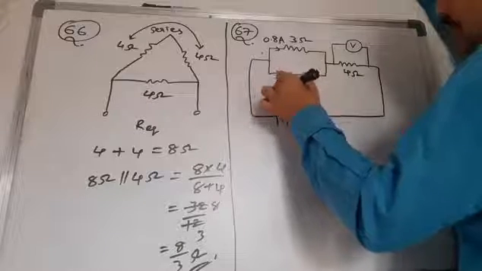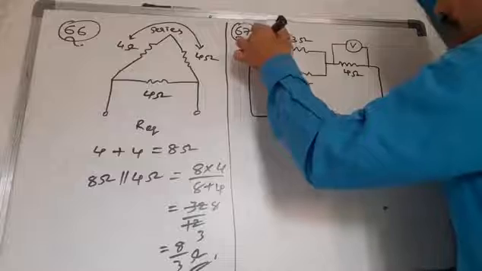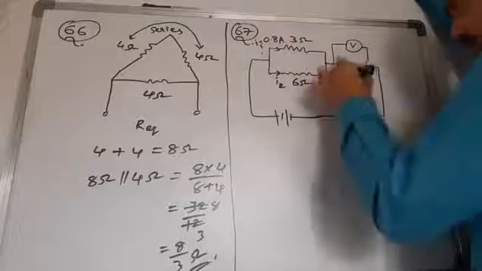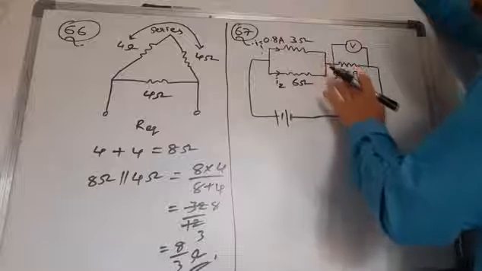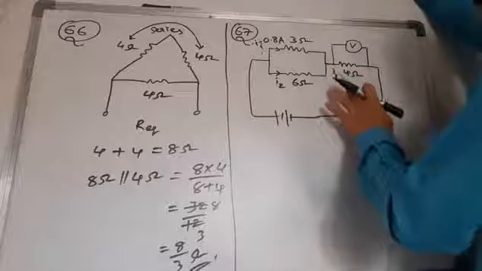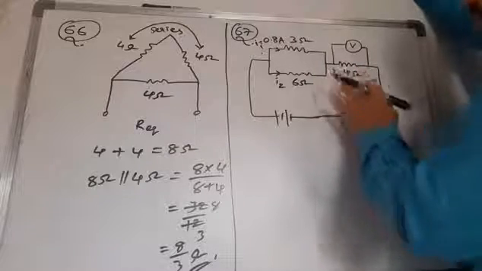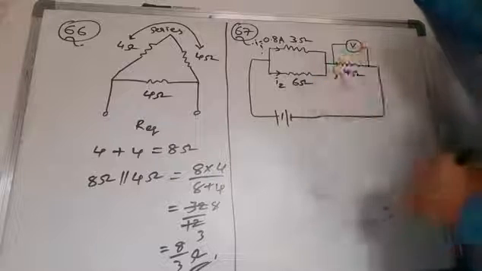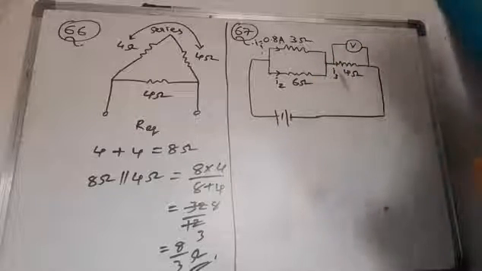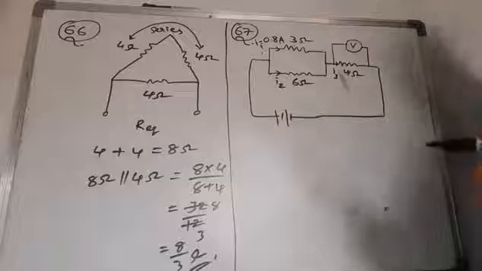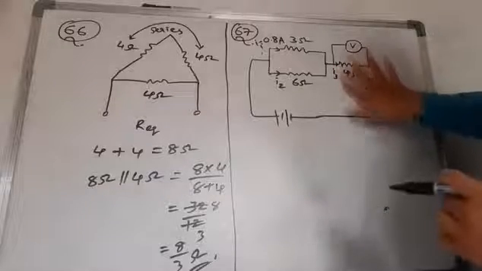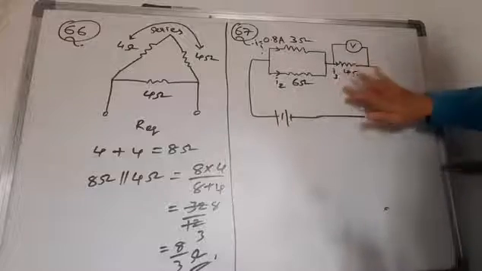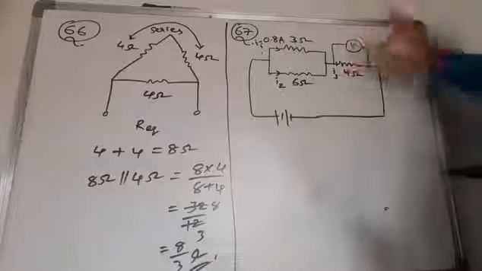Let me take it as I2, this one as I1, this one as I3. I3 current is flowing through this resistor.